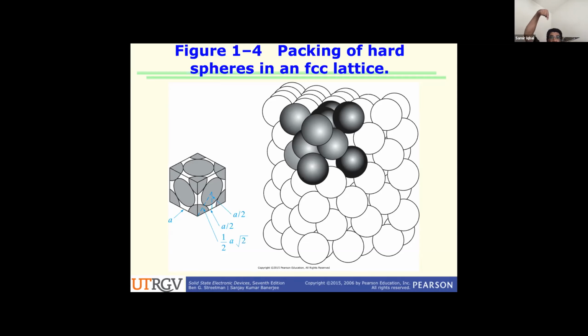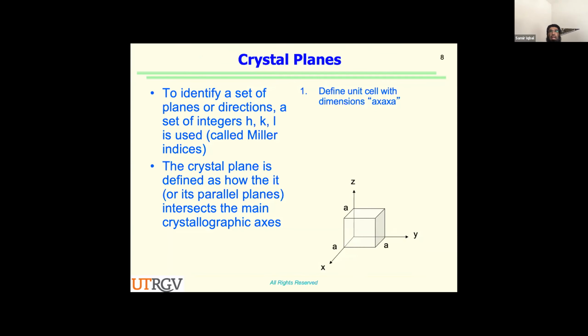Or if there is an atom on the other corner at the bottom, which one is the closest one? Because guess what? I have to share electrons with them to become a conductor or a semiconducting device. So we have to come up with a way of identifying planes and directions.